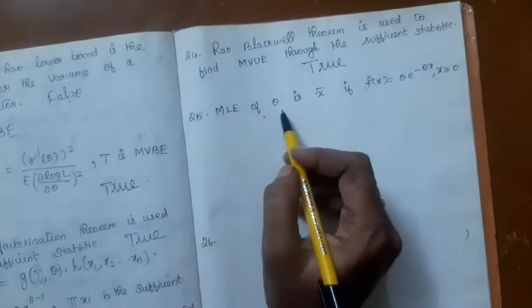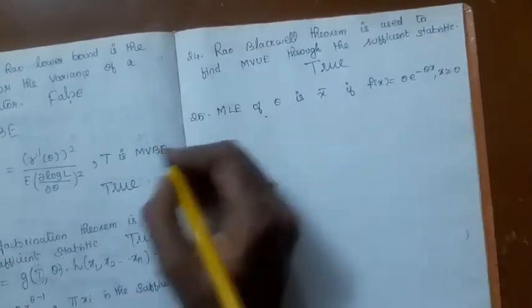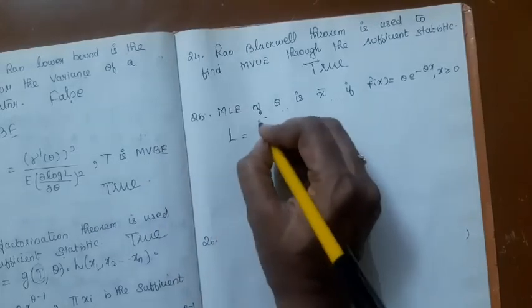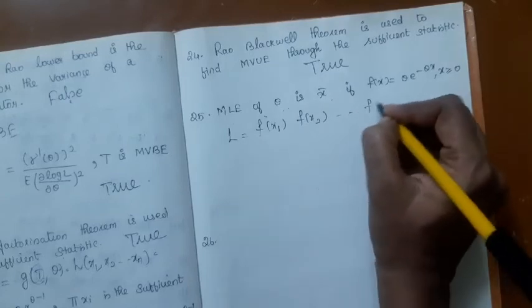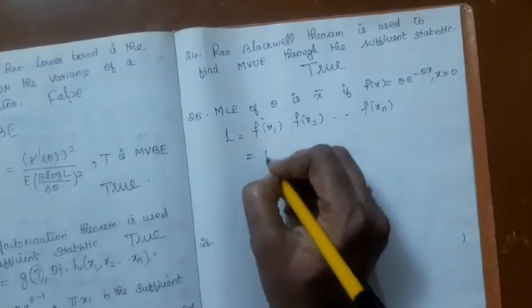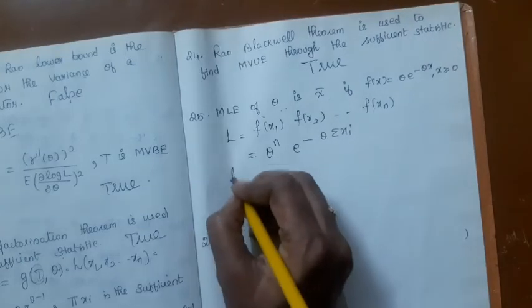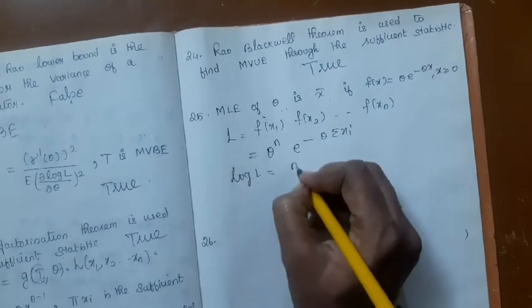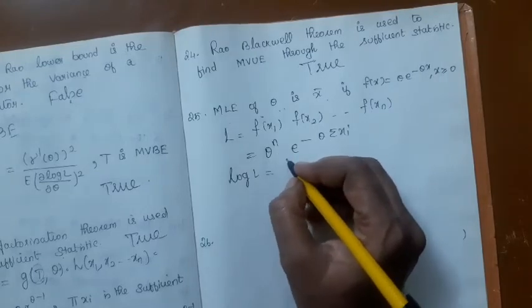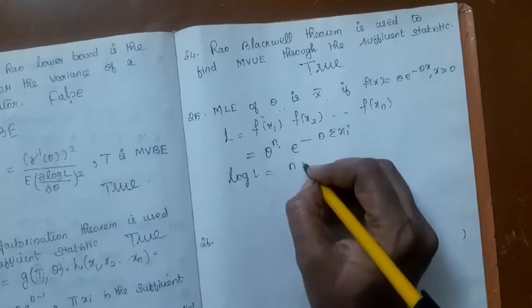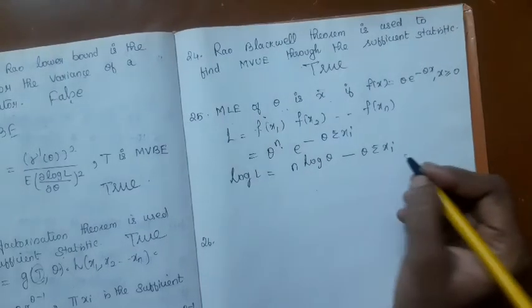Now, the MLE of theta is x bar if f of x is this. Let us verify. I have a doubt here. f of x1 into f of x2, etc. f of xn. So I get theta power n e power minus theta summation xi. Let us find log L, because handling log L is comparatively easy. It is n log theta minus theta summation xi log e.